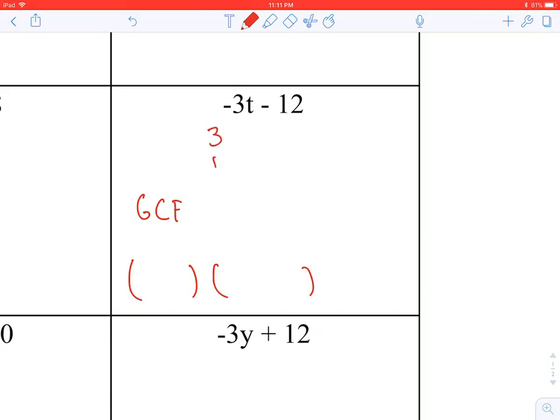The only numbers that can go into 3 are 3 and 1. And we talked earlier about how 12 has 12, 6, 4, 3, 2, and 1. So the greatest common factor would be 3. That's what I'm going to put in my first set of parentheses. Now to determine what goes next, I'll take this expression and divide it by 3, that greatest common factor.